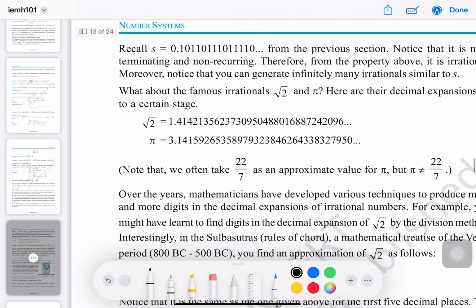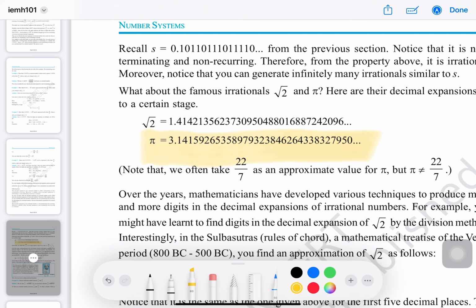You see here, the value of pi and root 2, they keep on going. They never end. The value of pi is 3.141592653589679323846264338327950, and so on.